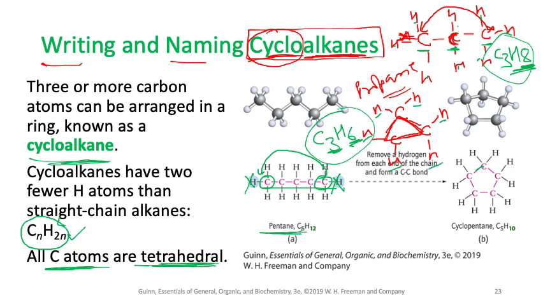So now they're gonna make a cyclic compound, right? 5 carbon, how many hydrogen in there? 10 hydrogen now, right? So that's why the formula is CnH2n. You will always have 2 fewer hydrogen in a cyclo compound compared to a non-cyclic compound. Now let's try to see how we normally name any cycloalkane compound.